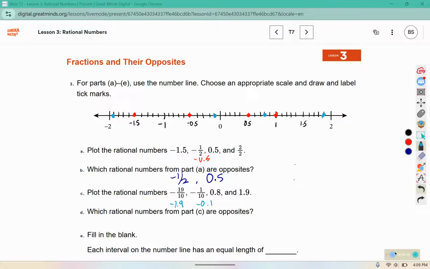Which rational numbers from part C are opposites? That is negative 19/10 and positive 1.9. Fill in the blank. Each interval on the number line has an equal length of 1/10, or you could say 0.1.